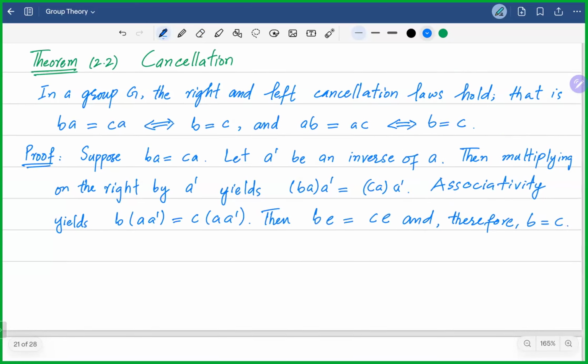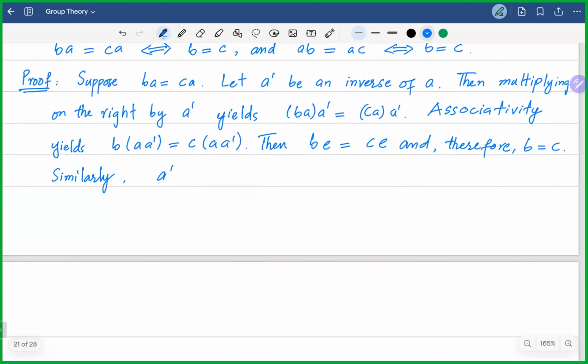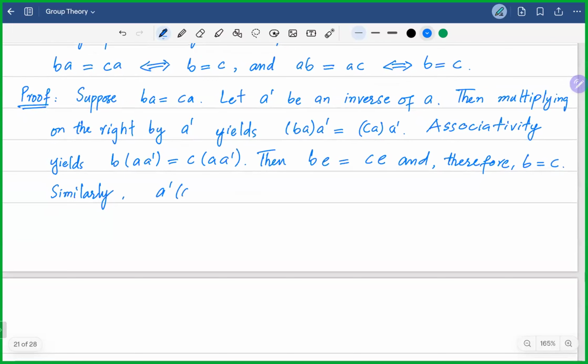Similarly, to prove that AB equals AC implies B equals C, we multiply A prime from the left: A prime AB with A prime AC.